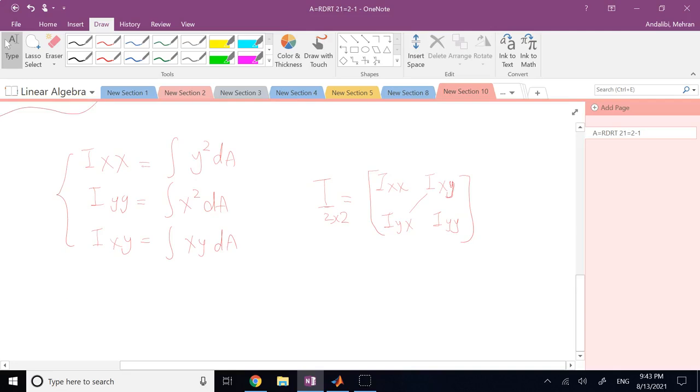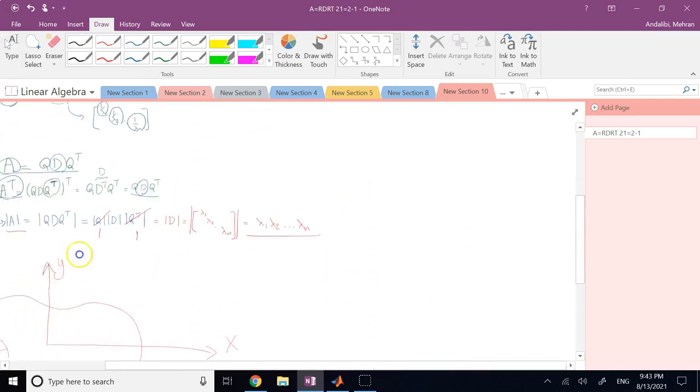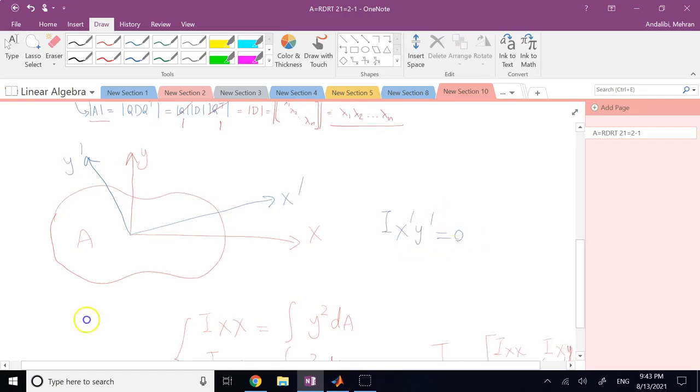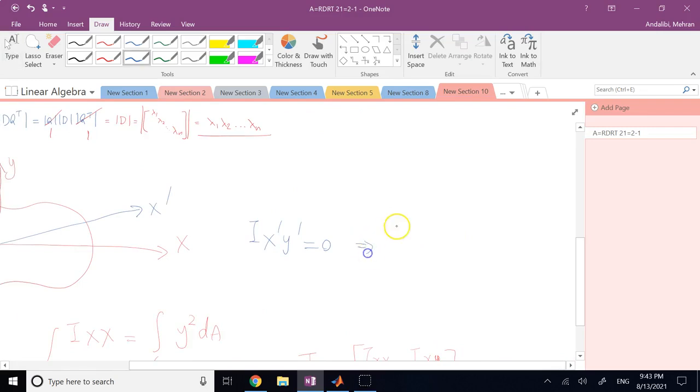But if you remember in statics, you had something called principal axes, and those were the axes that are rotated with respect to the original coordinate system. So if you rotate about these axes, call them x prime and y prime, in the x prime, y prime coordinates, the product term was zero. So all you had for the inertia matrix was a diagonal matrix, correct?